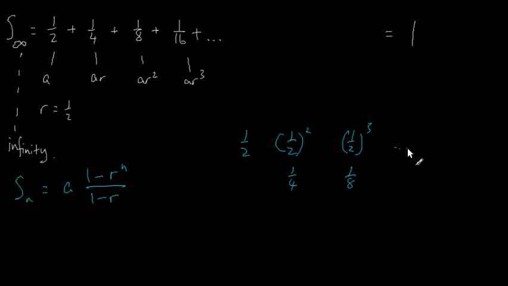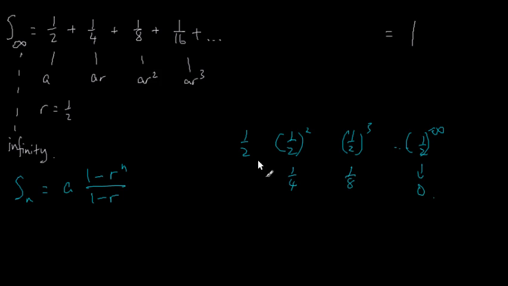So what happens if the power goes to infinity? What if the power is a number that's extremely large? Well, as you can see from this trend, since r to some power just gets smaller and smaller, we might expect that when the power goes to infinity, this should just go to 0.